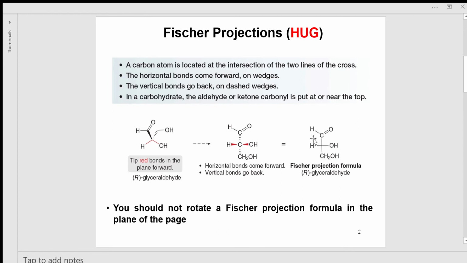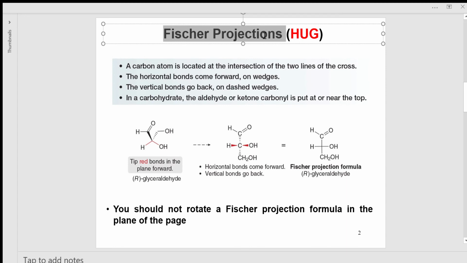This kind of structure, this kind of 2D structure, means a three-dimensional structure, and we call this a Fischer projection. I guess probably Fischer invented the way we draw the carbohydrate molecule this way. It's called a Fischer projection.